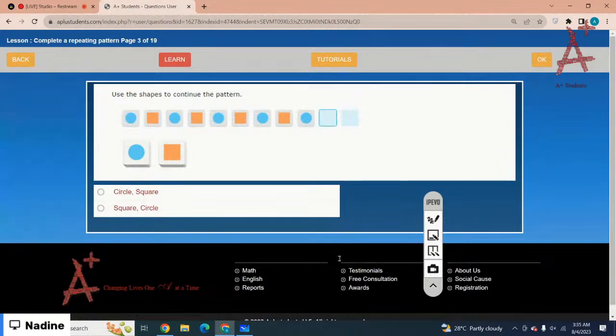It would be a square and then a circle. So option two is the correct option.